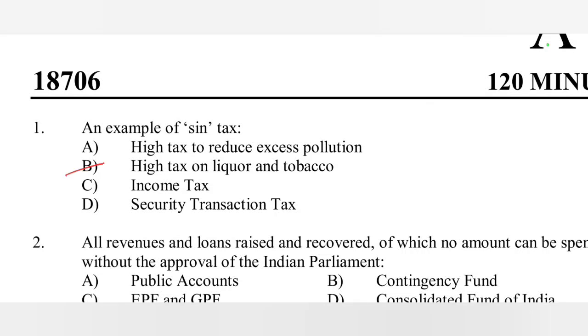Sin tax is typically levied on goods and activities considered harmful to society, such as liquor, alcohol, tobacco, and sometimes gambling. So high tax on this type of activity is called sin tax. Option B is right here.